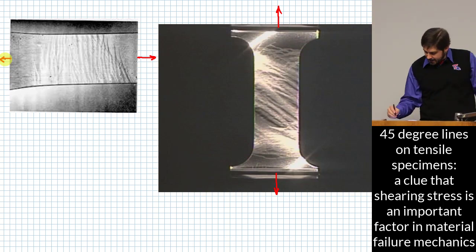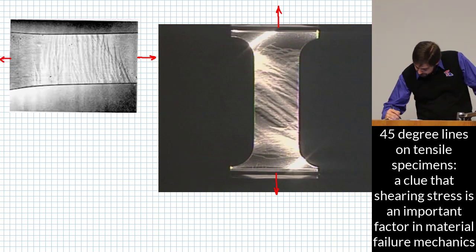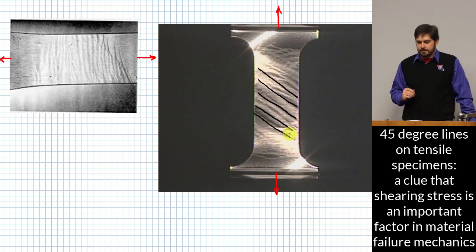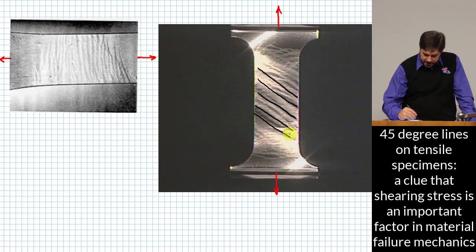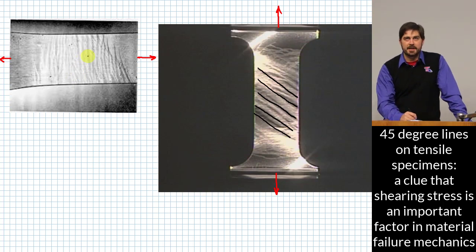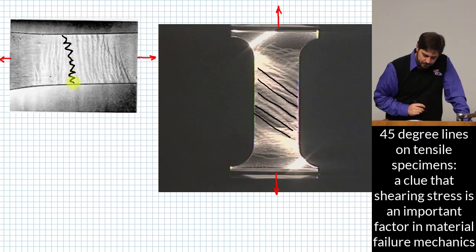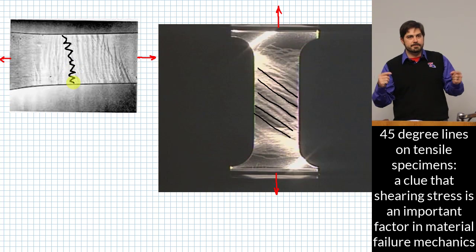All right? One of the things you see fairly clearly on this one is that there are lines generally at 45-degree angles. Do you see this? And on this other one over here, you may not be able to see it very well from where you're sitting, but if you look really closely at this piece of material, you see a bunch of lines all at 45-degree angles relative to the direction of load.